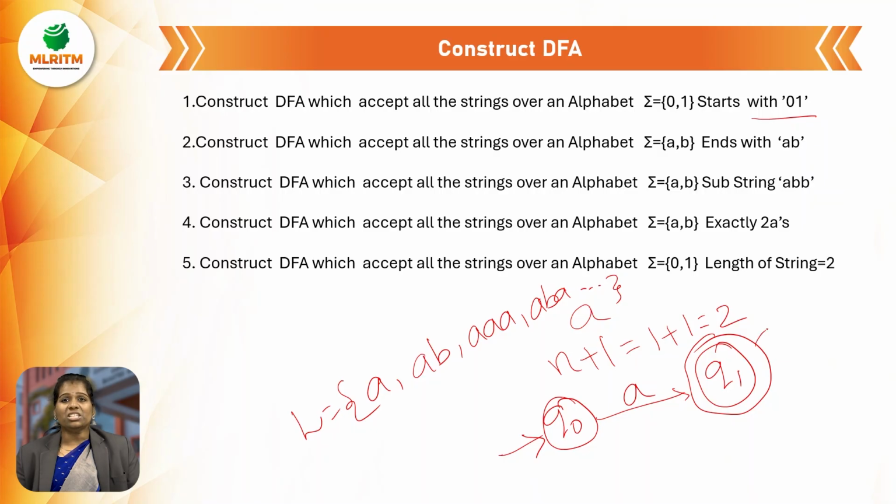The condition is starts with A, and then any number of B's can follow at the end. So at the starting we need to give the condition A, and with a self loop on A it again goes to Q1 only.